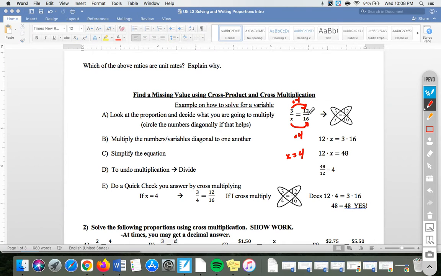Now, that's with that, and I could do the same with 12 and 16. So I know I could say 16 divided by 12 is 1 1/3. So if I multiply 3 by 1 1/3, I will get 4.